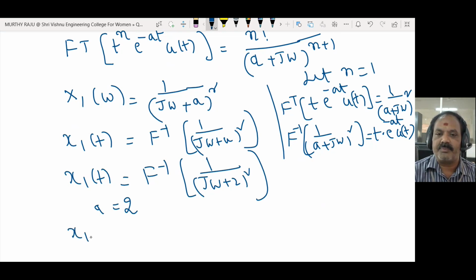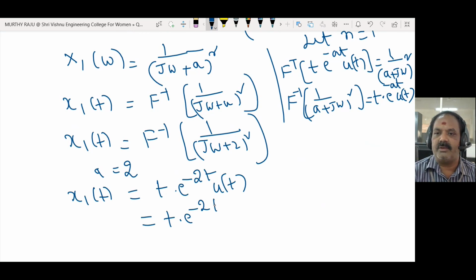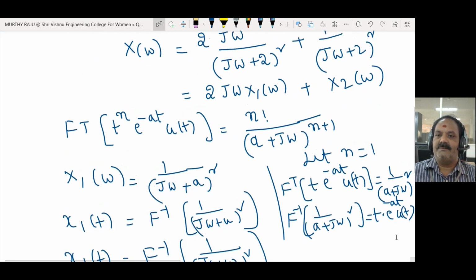Therefore, X1 of t is equal to t into e power minus 2t u of t, which means t greater than or equal to 0. For t greater than or equal to 0, the value of u of t is 1, multiplied with X1 of t.